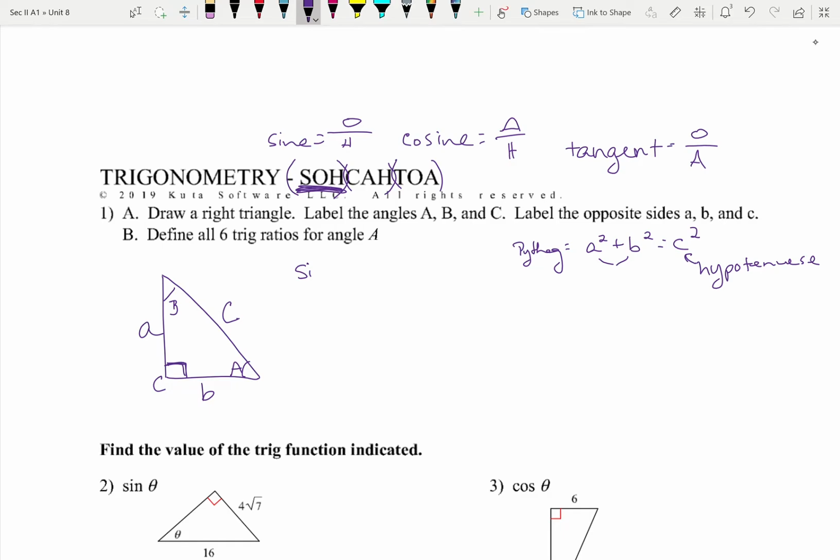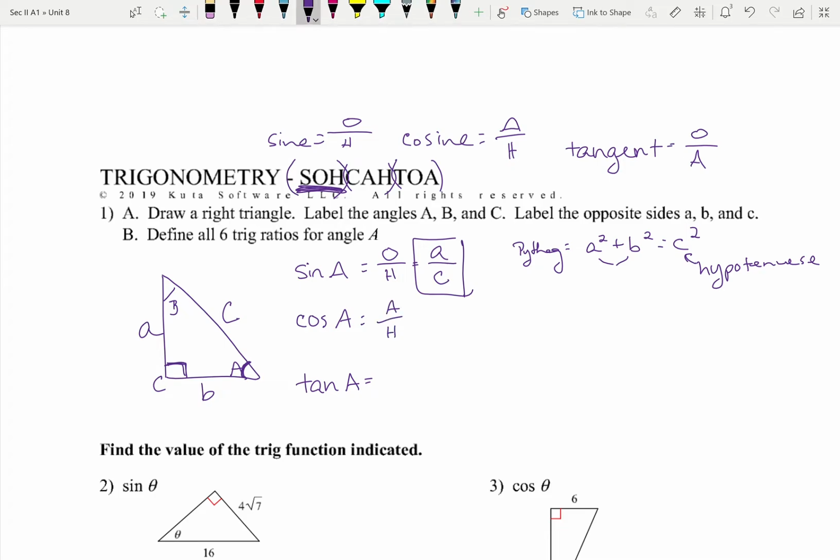So we have sine of A, cosine of A, and tangent of A. So sine of A, remember, is opposite over hypotenuse. So if this is angle A, the opposite of A would be side A, and then the hypotenuse will always be C. So in generic terms, it would be A over C. Cosine is adjacent over hypotenuse.